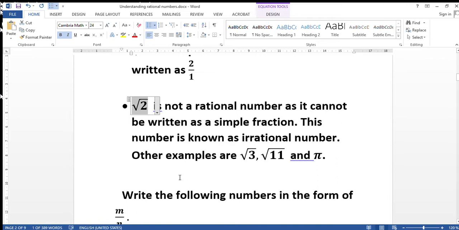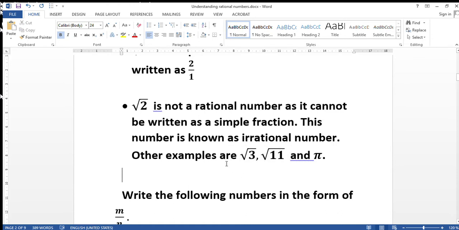I'm not sure, I need to use a calculator for this one, but all I can say is that we cannot write it as a simple fraction, because it is 1 point blah blah blah, as well as square root of 3.